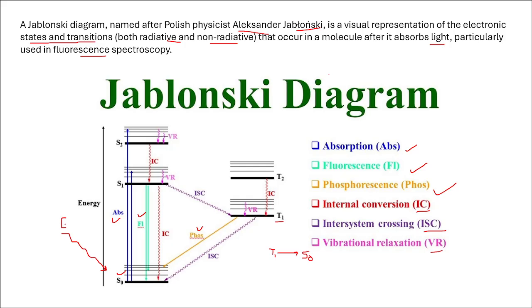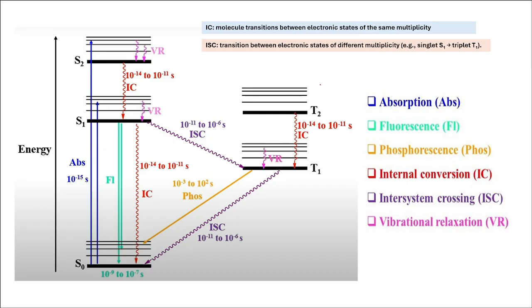Moving forward, we'll study this in a little more detail. So I see molecular transitions between electronic states of the same multiplicity. Spin multiplicity and the splitting of energy states are 11th and 12th class concepts, and you would have studied them, so we don't have to discuss them. Here we are mainly focused on internal conversion and intersystem crossing.